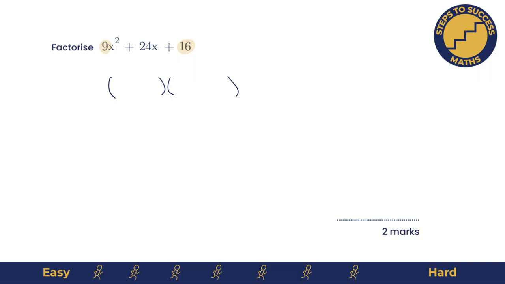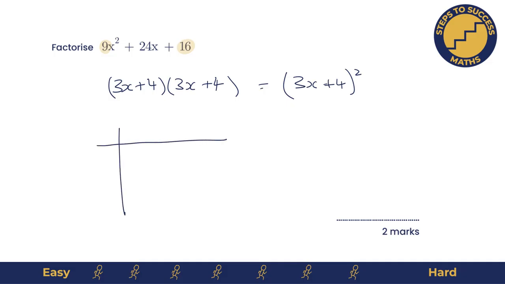So that tells me that this is going to be 3x plus 4 times 3x plus 4, or 3x plus 4 squared. You'll get used to spotting these, but you're looking for a square number in front of the x squared and a square number at the end. And we're going to check that this is actually true using our grid.